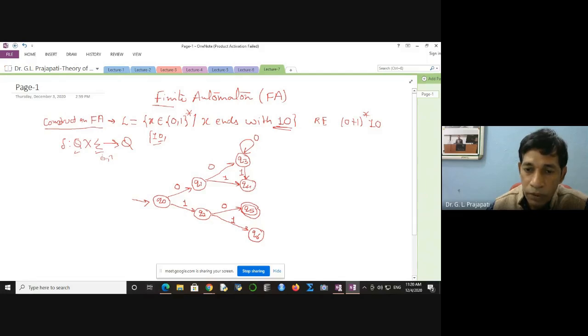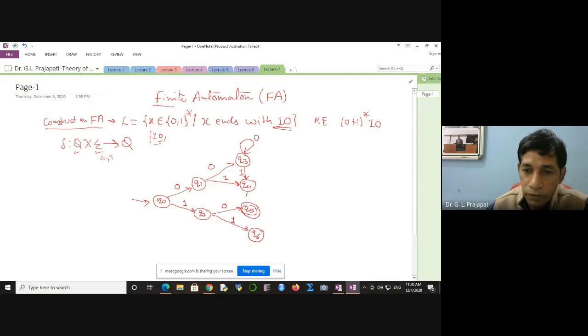So once you are at the Q4, the last two symbols are what? 0, 1. And if you are receiving 0 at the Q4, then the last two symbols become 1, 0. And 1, 0 you are remembering at the Q5.